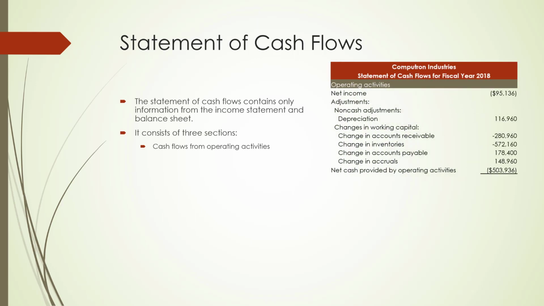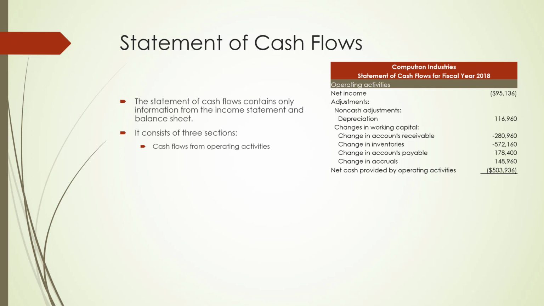The first is cash flows from operations. And again, there's that word operating or operations. And so these are the cash flows that are generated in the normal course of running the business. This is by far the most important section of the statement of cash flows, because at a glance, if we look at the bottom here, net cash provided by operating activities, we can see how well the firm's basic business did during the time frame that's covered by the statement of cash flows.